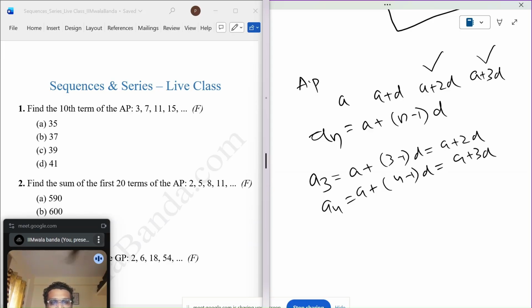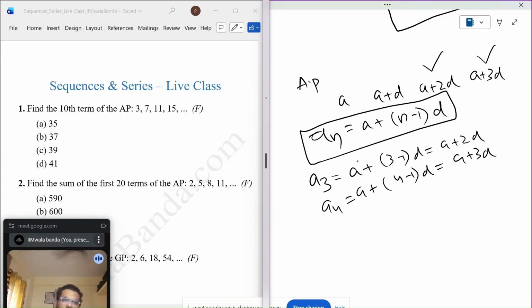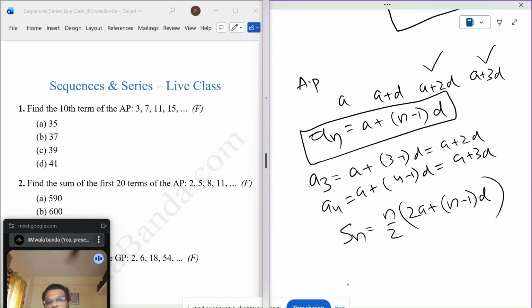So this is something that we need to memorize, and this way of representing an AP we need to memorize, because this is how we will commonly denote it. And similarly, sum up to n terms, we have a formula which is n by 2, 2a plus n minus 1 into d.